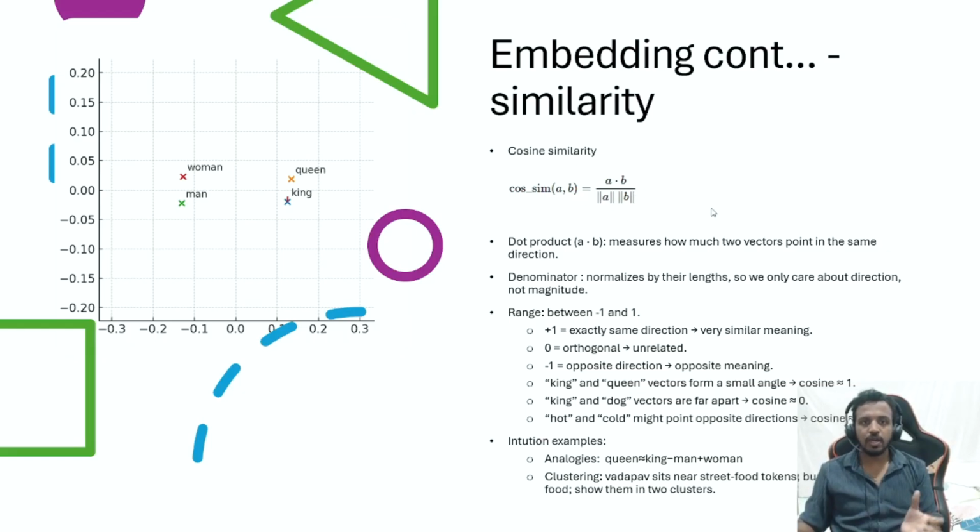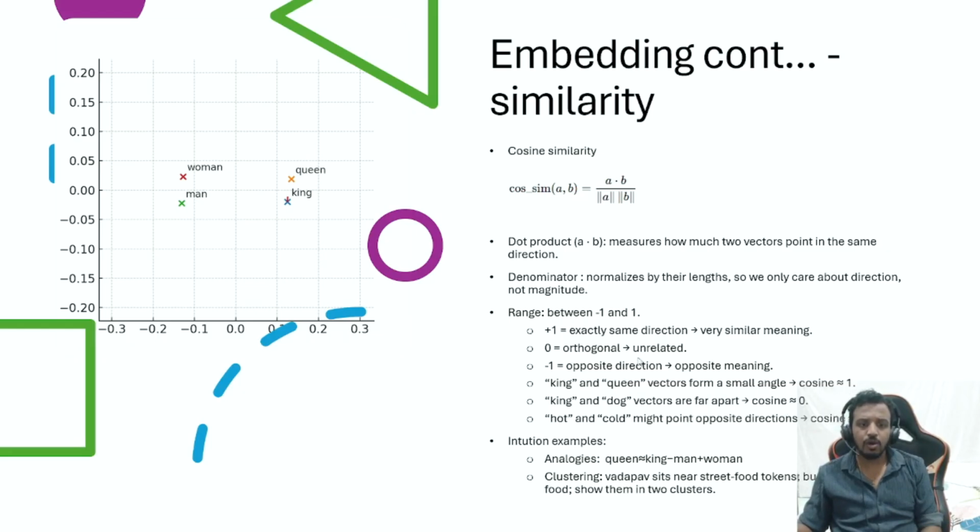Cosine similarity is going to help me tell how similar these two words, A and B, are. Let's understand with a few examples. The range will be from -1 to 1. What is +1? It means they are in exactly the same direction, meaning very similar meaning. Example, king and queen: when vectors form a very small angle, there is some variation but a minute one, approximately 1. So when it is approximately 1, they are related.